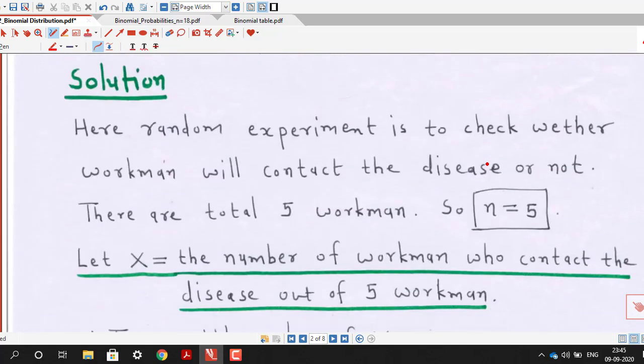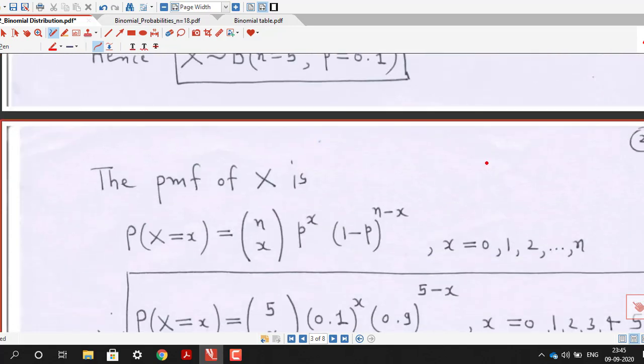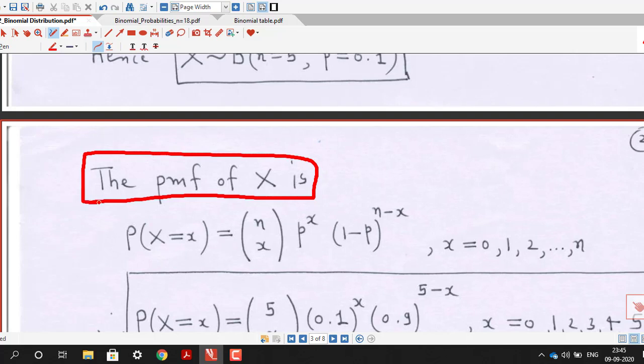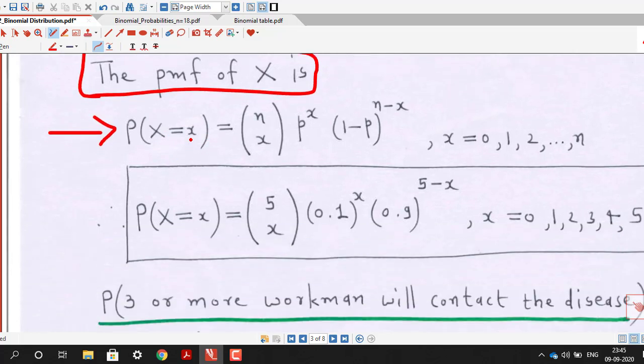To find that probability, first we write down the probability mass function of the binomial random variable. We have discussed this in the previous lecture. This is the formula for the probability mass function of a binomial random variable: nCx p raised to x into 1 minus p raised to n minus x, where x is running from 0, 1 up to n.